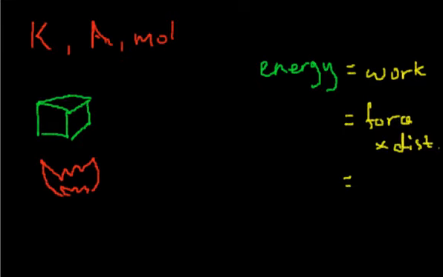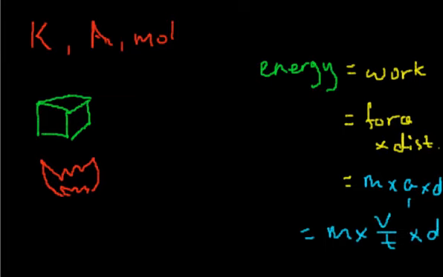And now the units for force. Force is mass times acceleration. So that's m times a times the distance. Now acceleration is the change in velocity. So this is mass times velocity over time times the distance.